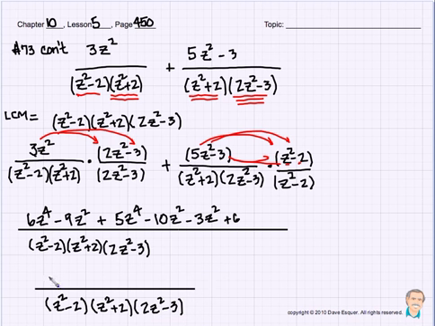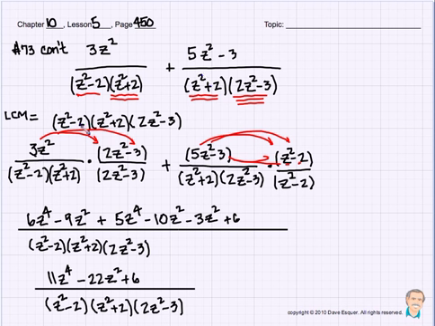And let's see if we can combine like terms now. We have 6z to the fourth and 5z to the fourth in the numerator. That gives us 11z to the fourth. Minus 9z squared minus 10z squared minus 3z squared is minus 22z squared. And we have a plus 6 left over.